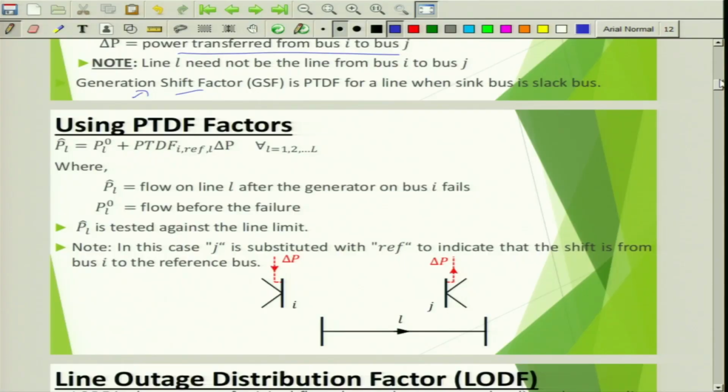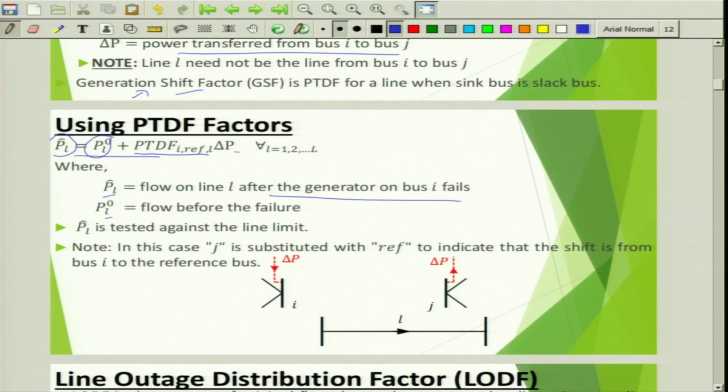Or we can also represent it in a different way, let us say PL cap is flow on line after the generation on bus I fails due to generation outage, and PL naught is flow before the failure, right. And PL cap is after and this is before, and there is a change, right.